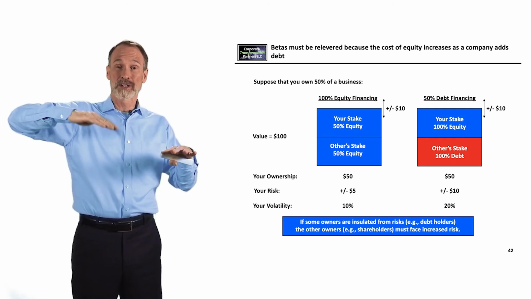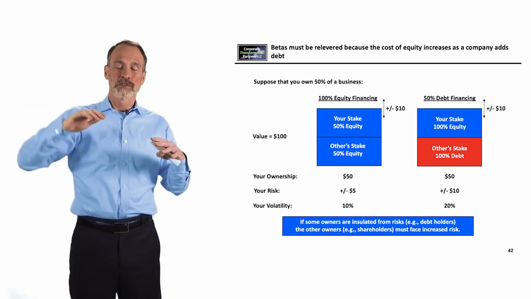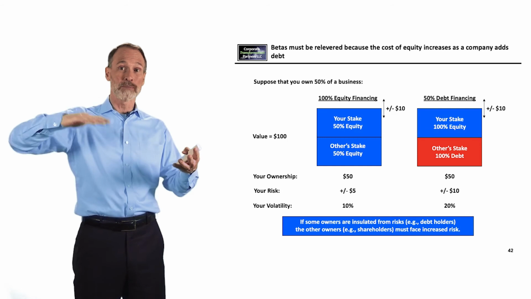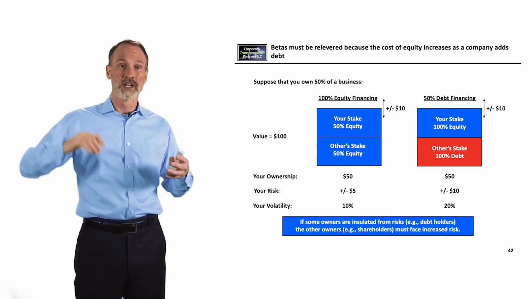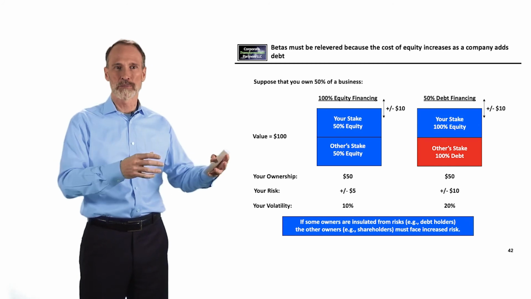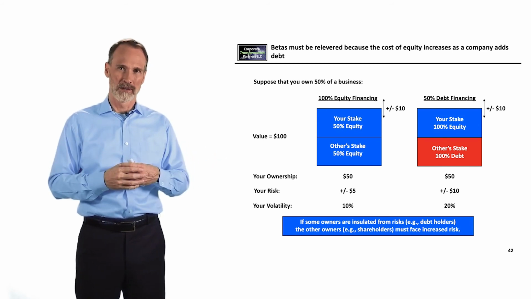But that $10 million volatility still remains. So now you own $50 million, but you're facing that full $10 million volatility. So your respective volatility has gone up from 10% to 20%.